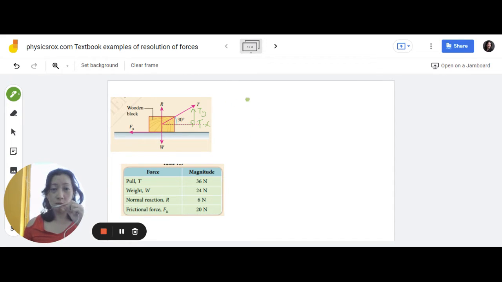So Tx is adjacent to the angle 30 degrees. So we have Tx over hypotenuse T, and adjacent over hypotenuse is what? Cos, correct. So this gives us cos 30 degrees, which means you can solve Tx as T cos 30 degrees.